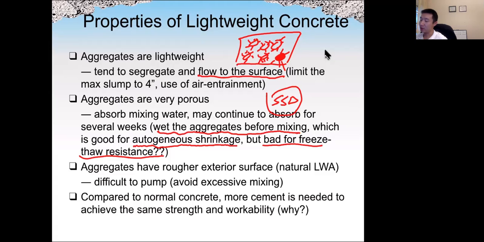So as a result, the crack will try to go around the ITZ and the paste, not go through the aggregate. But for lightweight concrete, the weakest link is the aggregate. So the crack will try to find the weakest link, which is the aggregate.